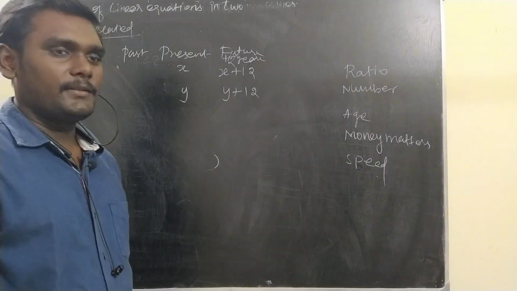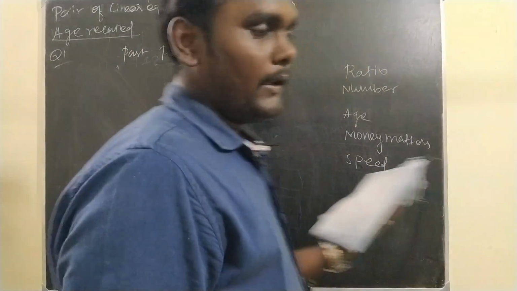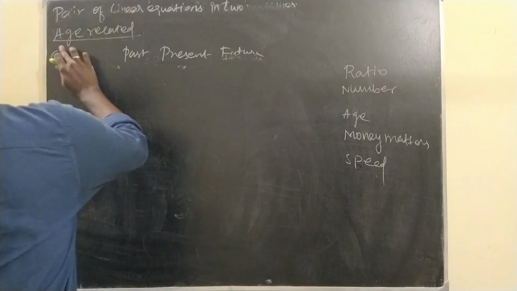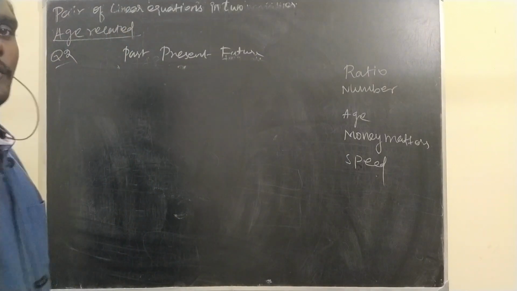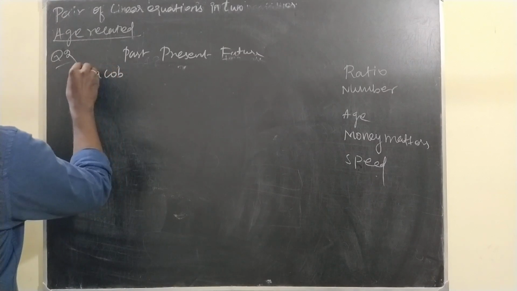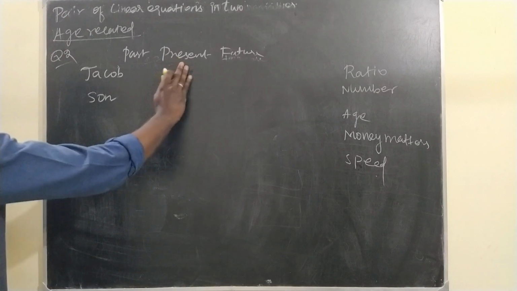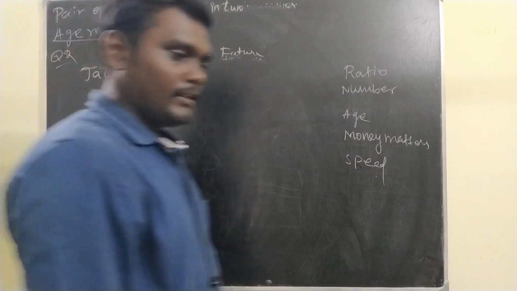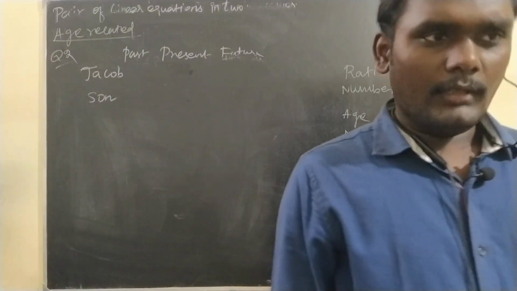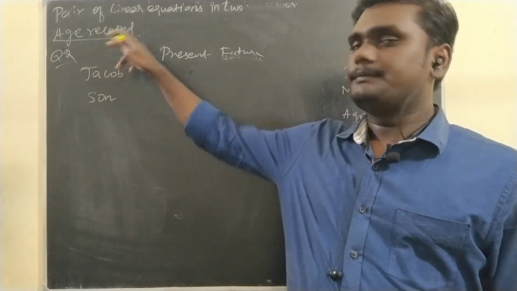What are their present ages? Whenever there is an age related question, we put boxes for the persons involved: their names, present, past, future. Jacob and son we are discussing. You can put boxes, not a problem, in the exam also.